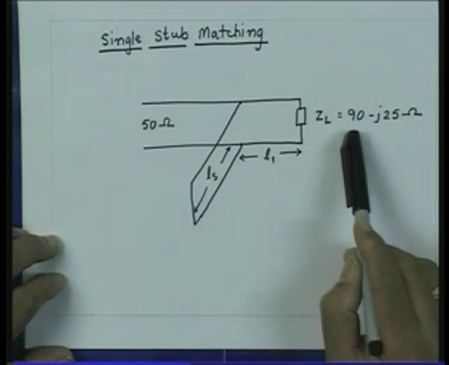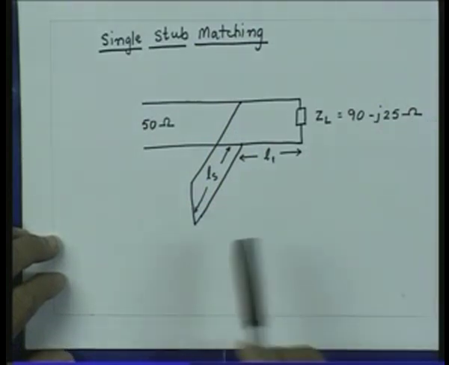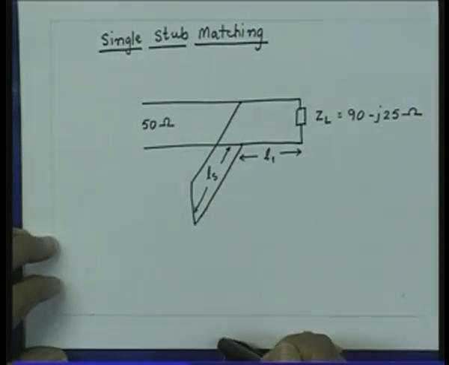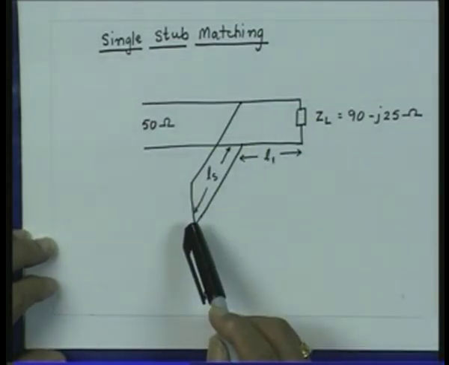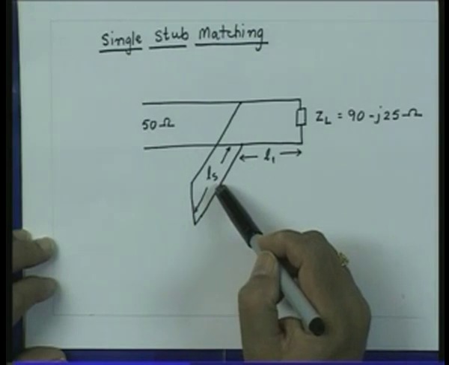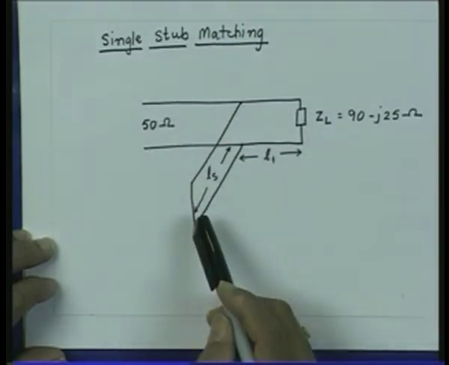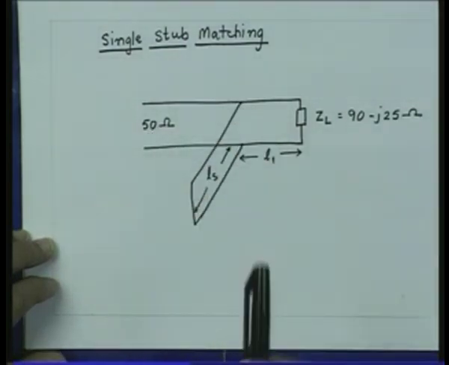Let us take now one problem for the single stub matching. Let us say we are given an impedance of 90 minus j25 ohms. Now, as we know that in a single stub matching, the lines which are used for the matching purposes, the main line and the stub, they both have the same characteristic impedance, 50 ohms.